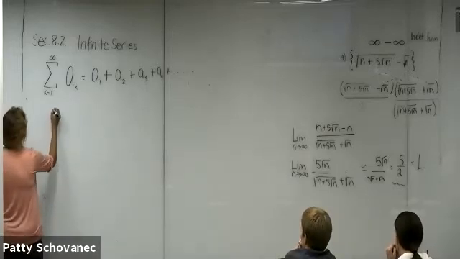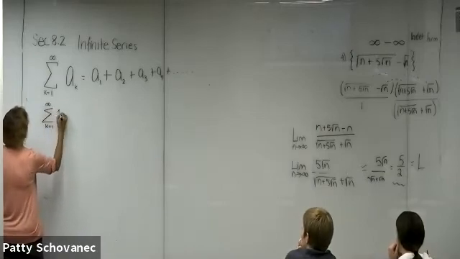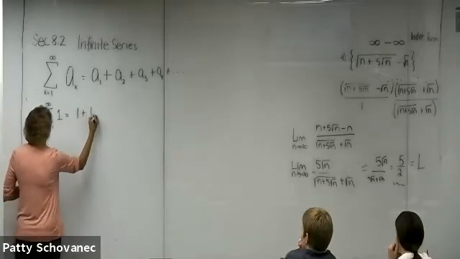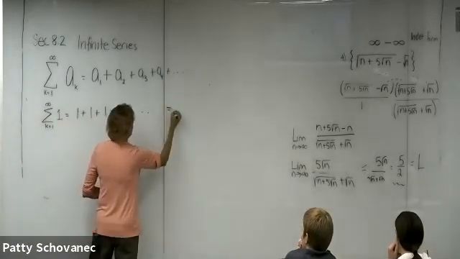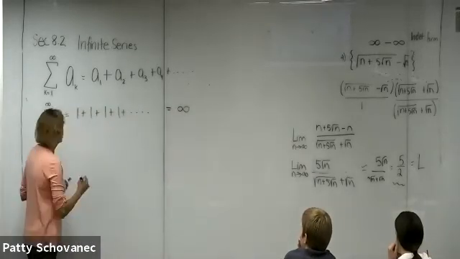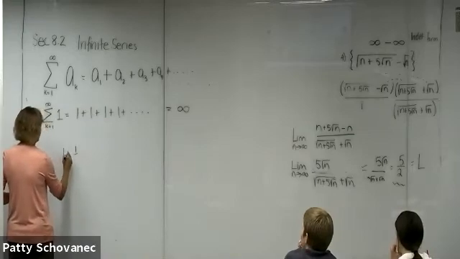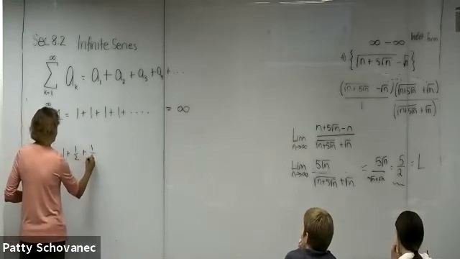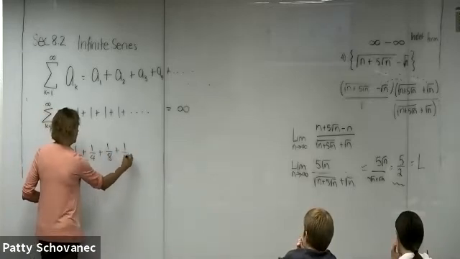So the series where I just add ones together would look like this. That's going to be infinitely large. The series that I'm talking about now takes the numbers 1 plus a half, plus a fourth, plus an eighth, plus a 16th.